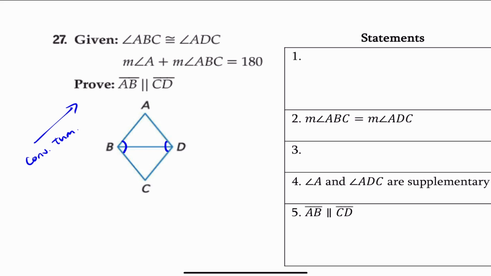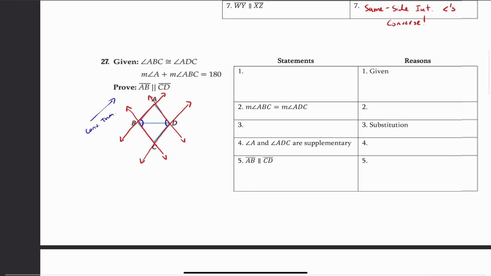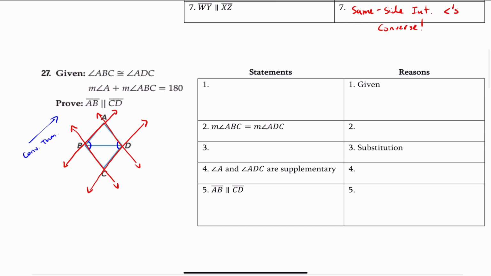Okay, let's extend these lines. So I have these two lines. They're not parallel, but they are indeed cut by two transversals. Okay, so let's take a look at the proof.